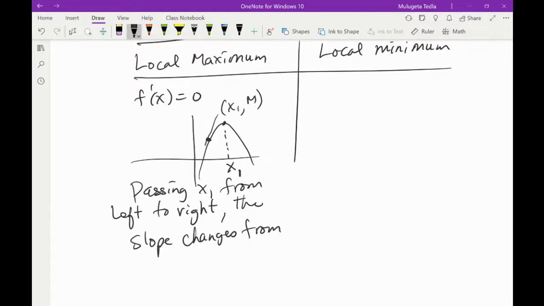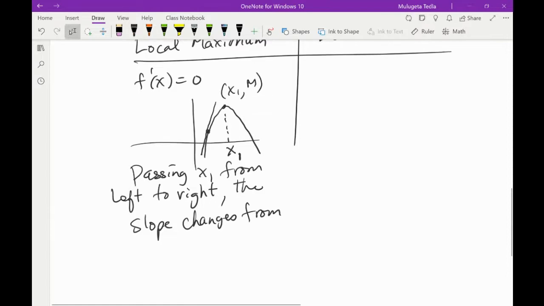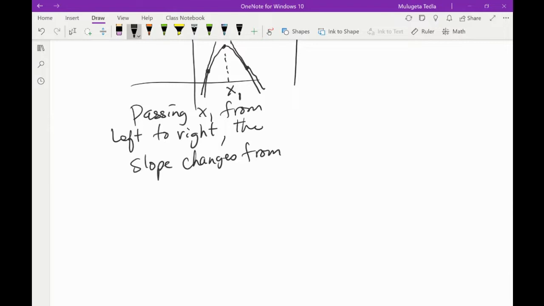Just take a random point and take the tangent line. It shows you a positive slope, so therefore it's increasing. So when you pass that point, the slope changes from positive to negative. You see? So the slope changes from positive to negative.